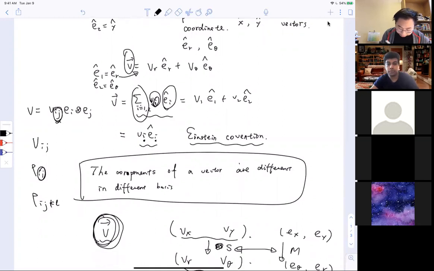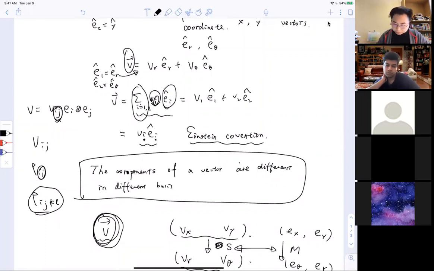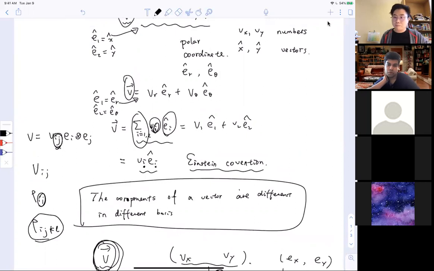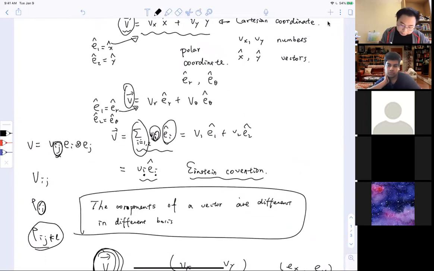In that case, we generally write vectors and tensors using their components. But actually, when you say it's a vector or a tensor, you should always specify the basis. Otherwise, you don't know what it is. The same vector can look different in different bases. In some sense, it looks like a matrix.